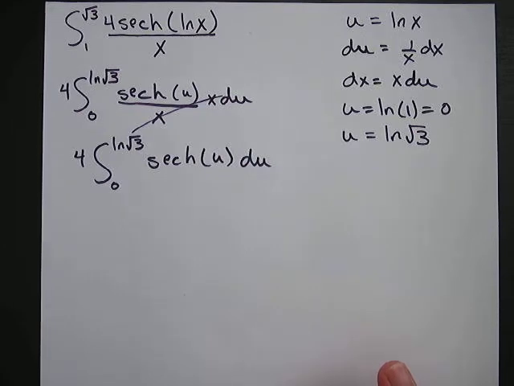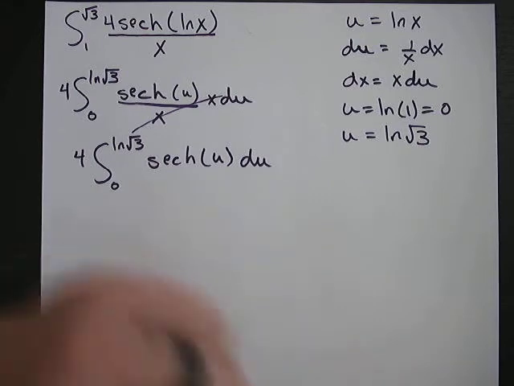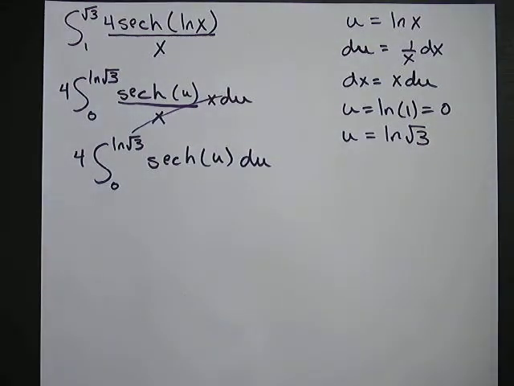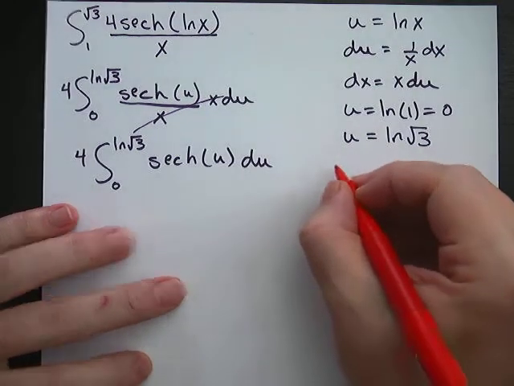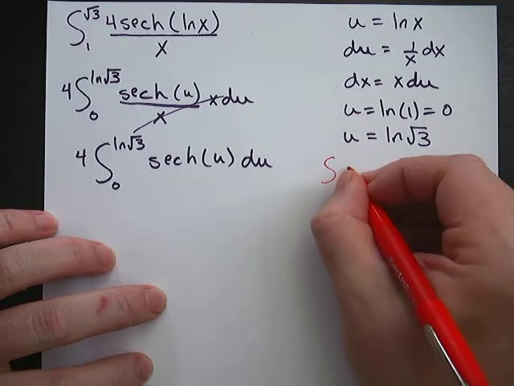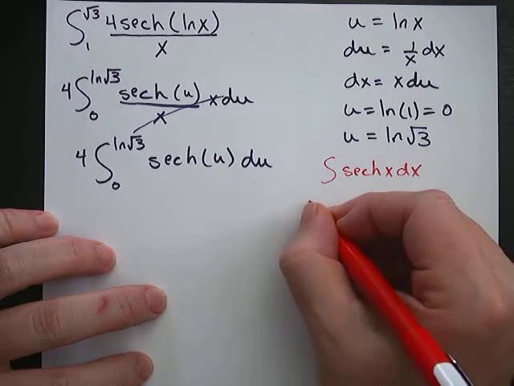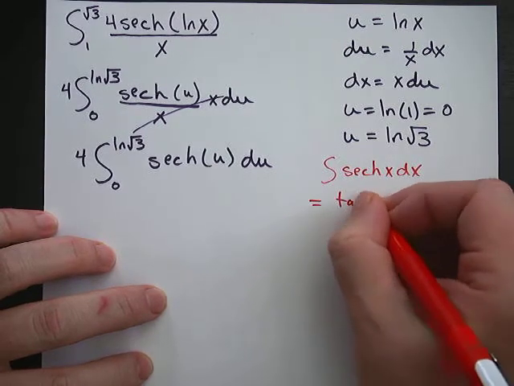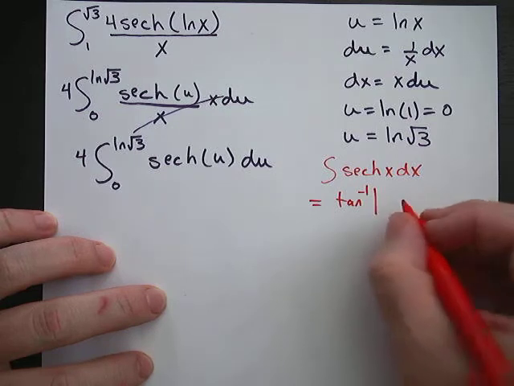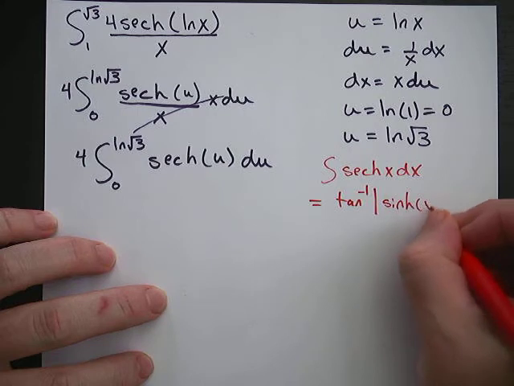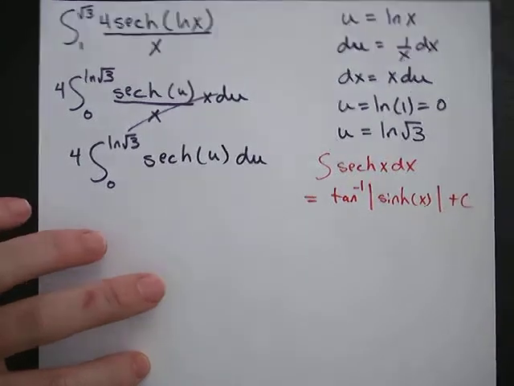Let's see if it actually is a little easier. So we know that the integral of secant h, I'll write that formula down like I did the other one. So if you take the integral of secant h of x dx, that's going to be equal to inverse tangent of the absolute value of sine, hyperbolic sine, excuse me, of x plus c.